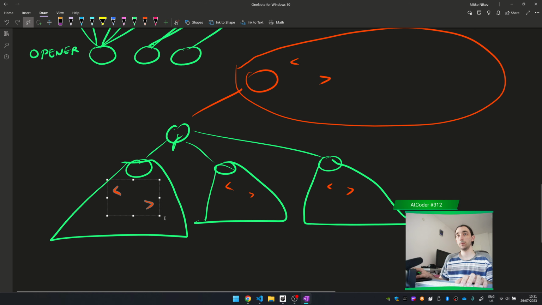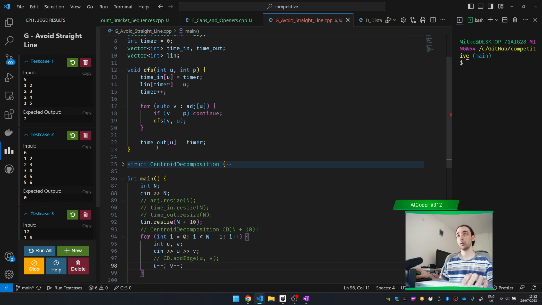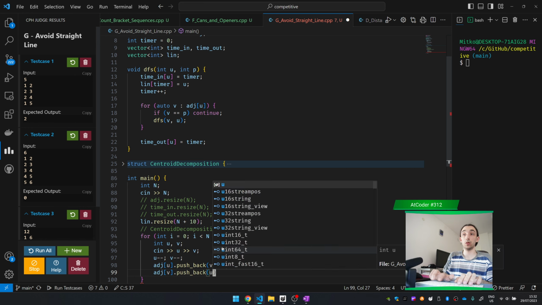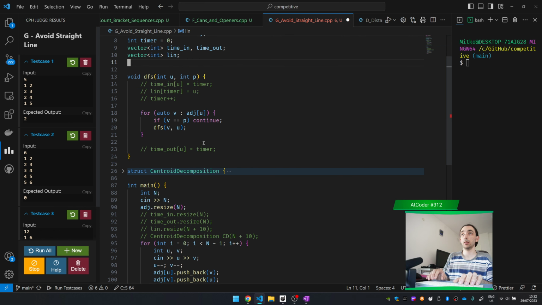You have sets and you merge them, and then you need to do one more DFS where you assign the bigger edges here. Okay, that could work. So you have a set.